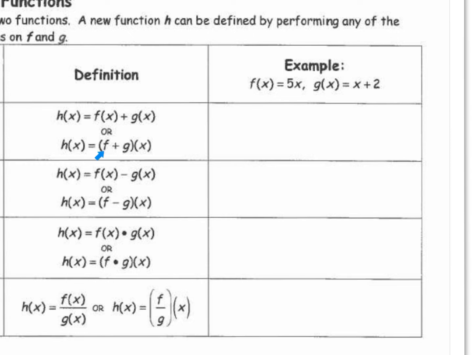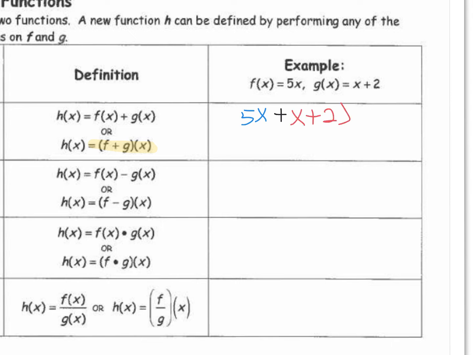First thing I want you to notice is this notation here, f plus g of x. Please be sure that you're getting used to this notation, but that just asks you to add. So we'll look up here and we see that the functions f of x is 5x and g of x is x plus 2. So we're simply going to be adding those. We're going to say 5x, and then we're going to add to that g of x, which is x plus 2.